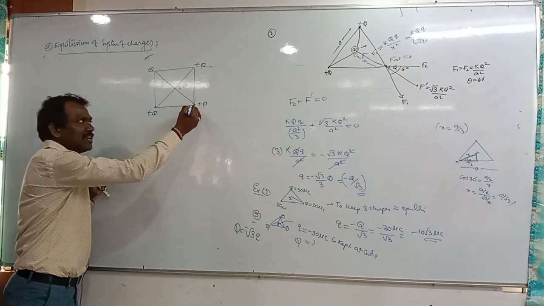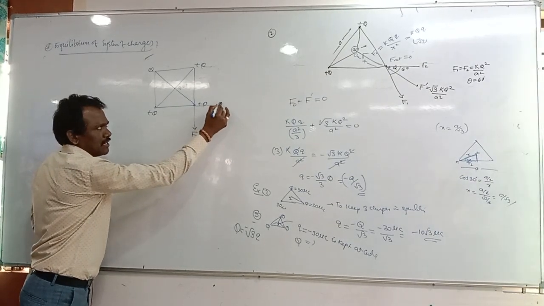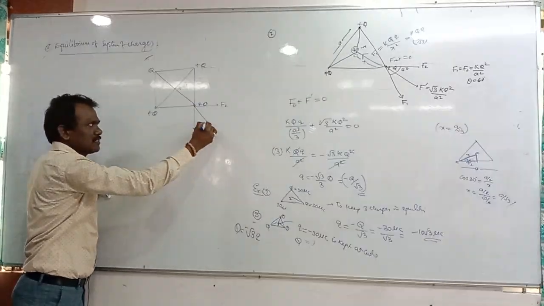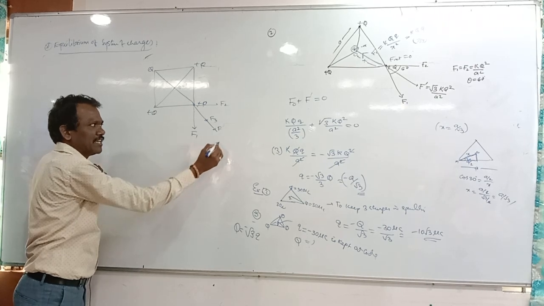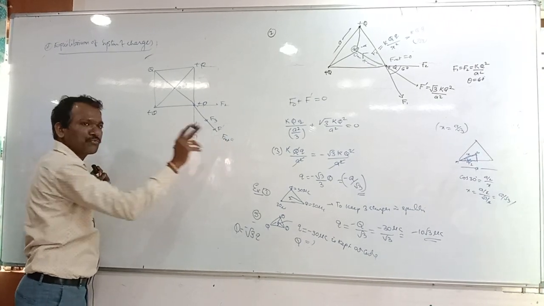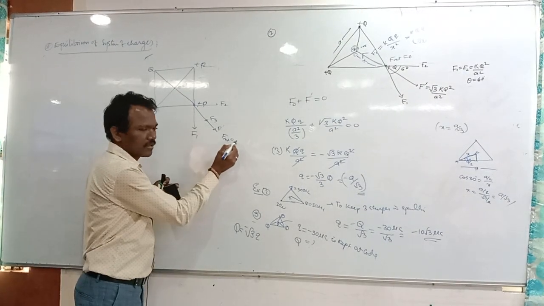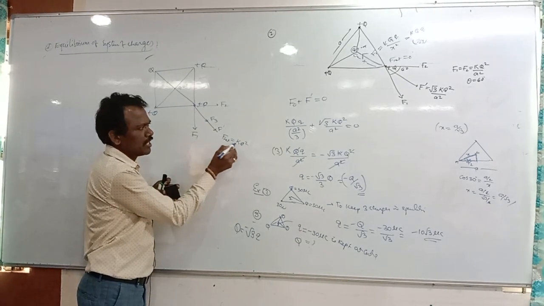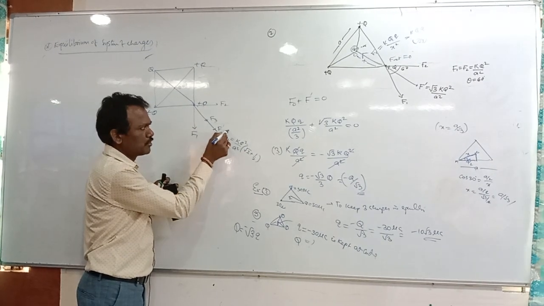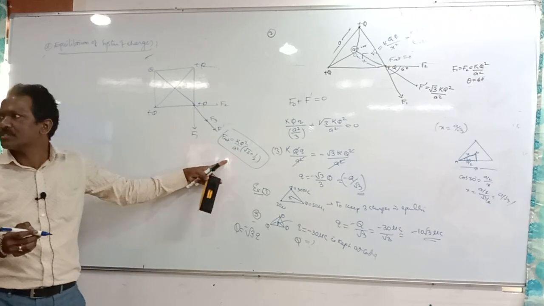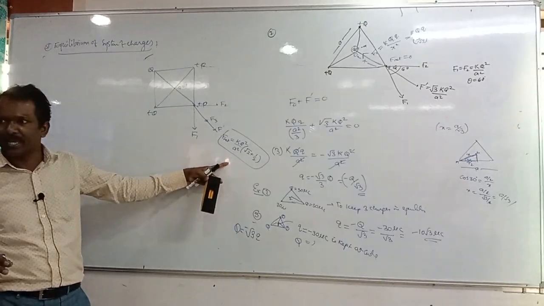This is F1, due to this charge is F2, due to this charge is F3, and the resultant of these two we took here as F dash. So along this direction F net, finally we wrote one formula, right? What is that? K Q square by A square, root 2 plus 1 by 2, right? This is the net force acting on a charge at any one corner of a square.